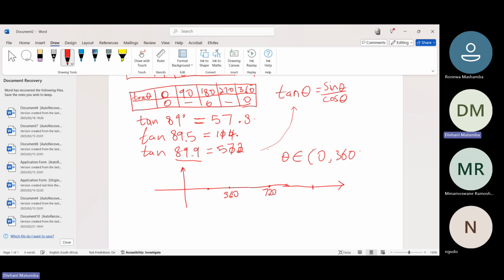And what is the sine of, this is 180, what is 360 plus 180? 360 plus 180 is 540. What is the sine of 540? 0.